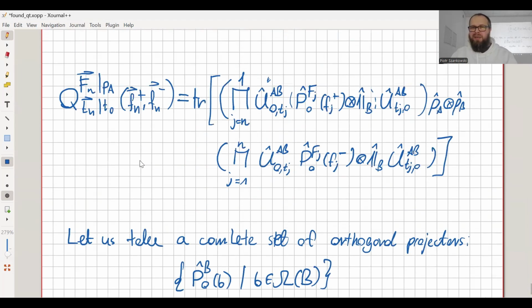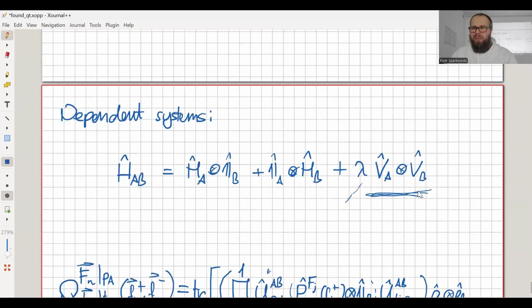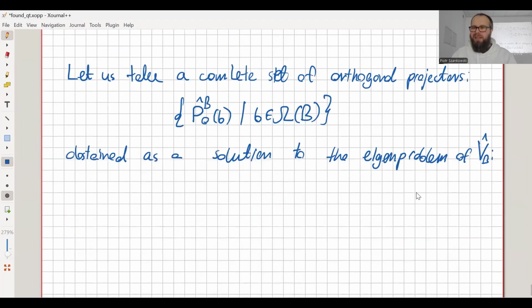Okay, so we take the B side of the interaction operator V_B, and we solve its eigenproblem.